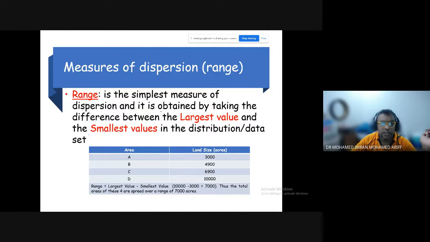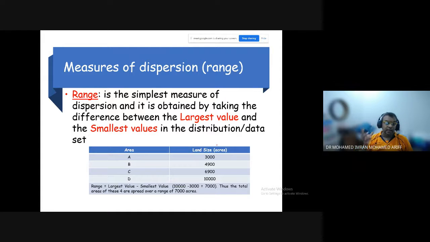Range is the simplest measure of dispersion and obtained by taking difference between largest value and smallest value. Okay, so range ni kalau contohnya katakan area of land size A 3,000, land size B 4,900, land size C 6,900, and D 10,000.